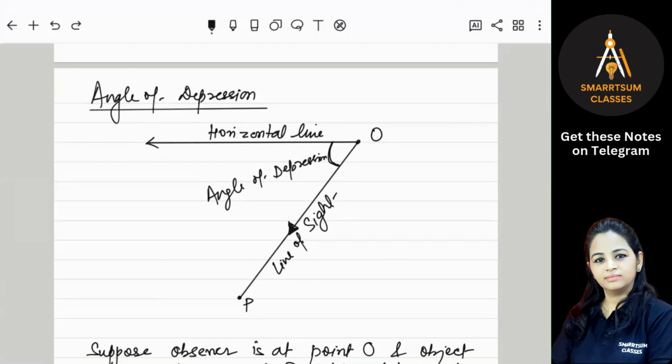That will be your theta. Now, since generally the tower and the building are straight, we can assume that it is a right angle triangle. Taking this angle of depression and angle of elevation as theta, we can find the different trigonometric ratios like tan theta, cos theta, cot theta. So whatever is required, we can use in the questions. So let's see how to do the questions.